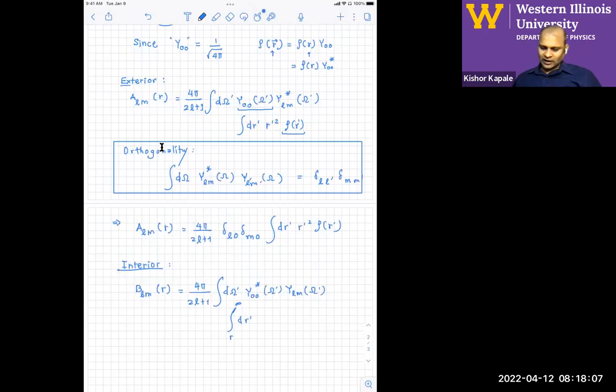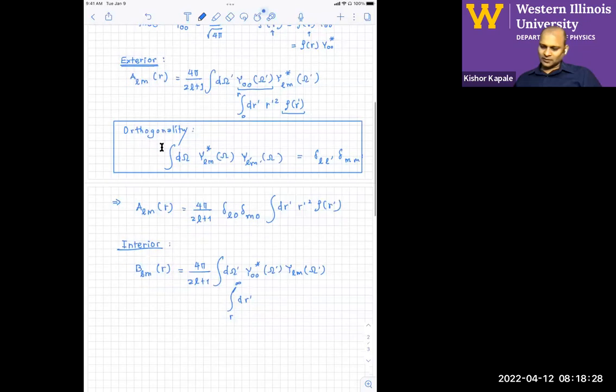We are looking at the exterior multipoles. For the exterior multipoles, that means you are sitting at the exterior of the charge distribution. That means the integral has to go from r equal to 0 to the boundary. So this has to be specific, right? D omega, of course, runs over all space, so we don't need to worry about that part.